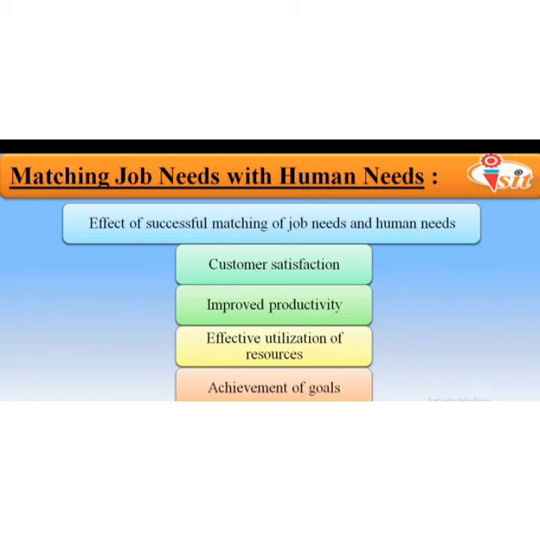So it is very important that we take care regarding the human needs as well as the job needs, and the planning for matching these human needs with the job needs is to be studied for getting these results.